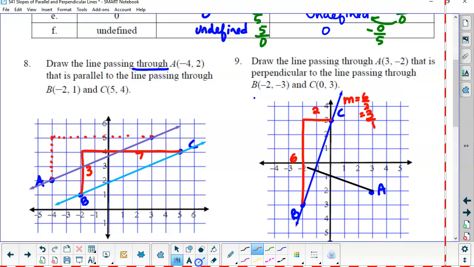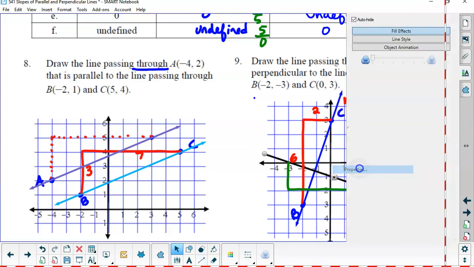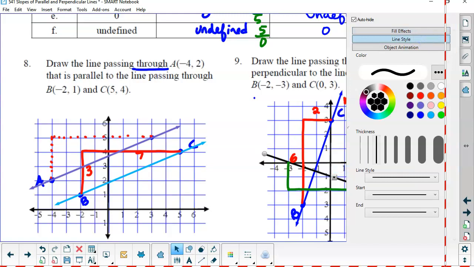So now I'm going to go 6 to the left and 2 up. I'll do it in green. Okay, so I'm on the right track. That line there, see how I was pretty darn close. It's going to go like that. Okay, and then I can extend this a little bit further, and that I will do in green.